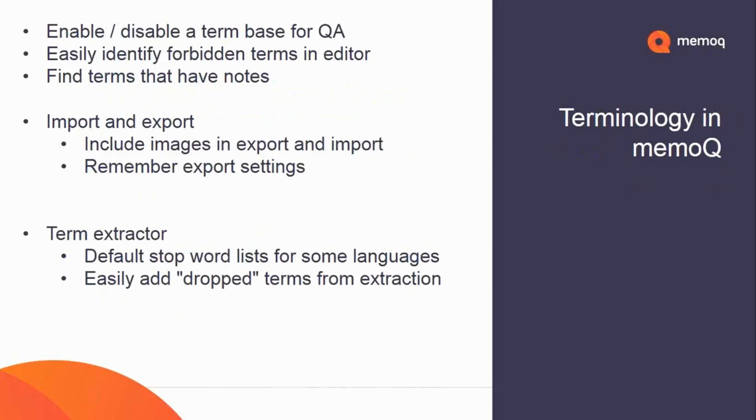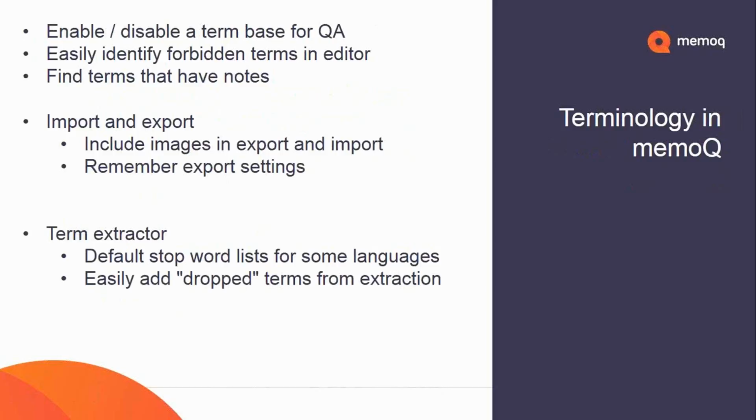Sometimes you use term bases for very strictly prescribed terminology, something that your client wants you to use and follow. And sometimes you use term bases to improve efficiency. You just quickly add terms as you work in a team to improve efficiency and the speed of translation.